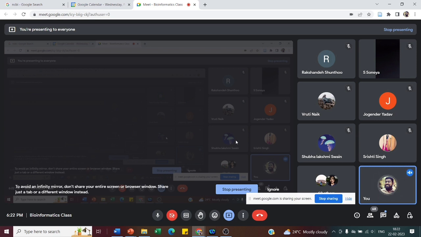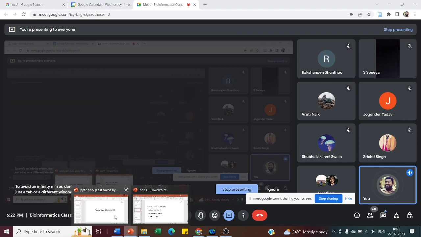We can take the insulin sequences of all these organisms. They are available online, and I will show you how to get them.